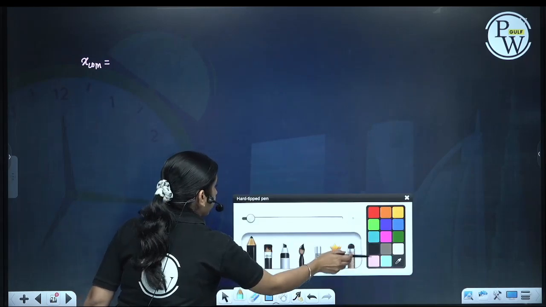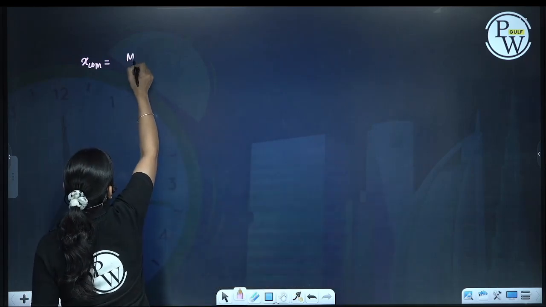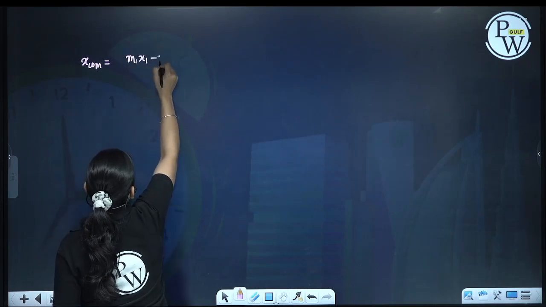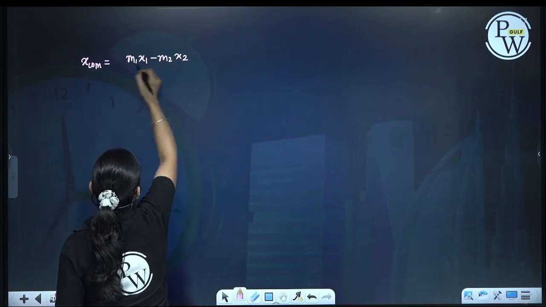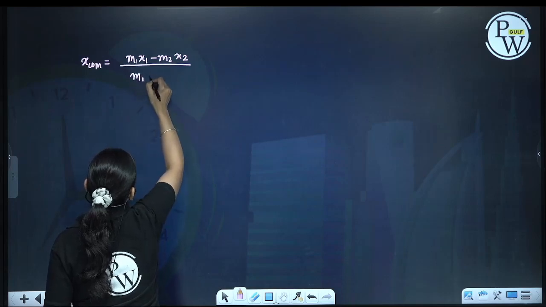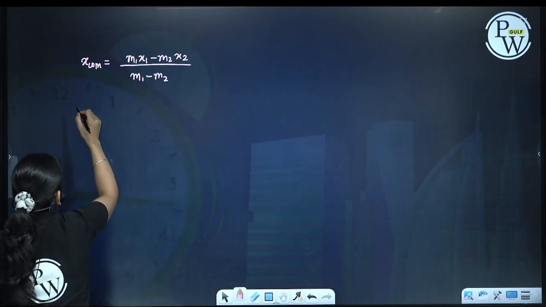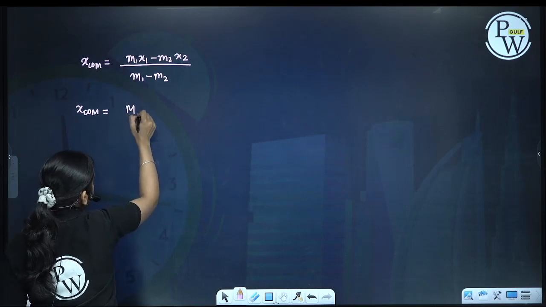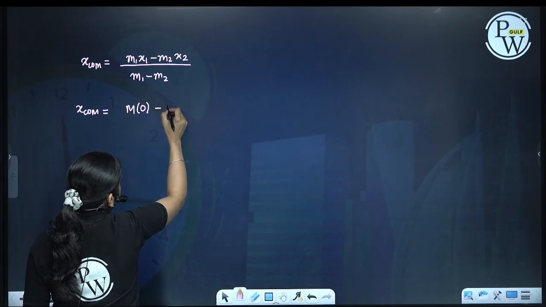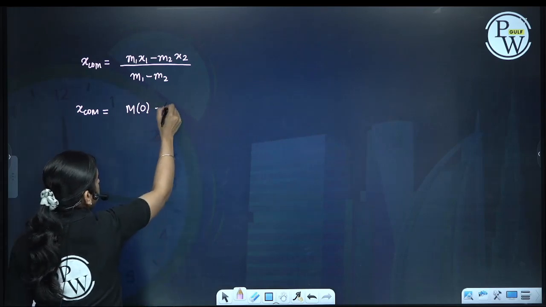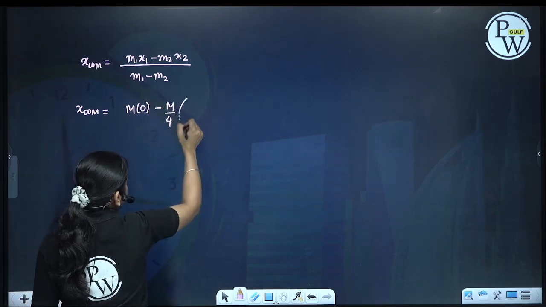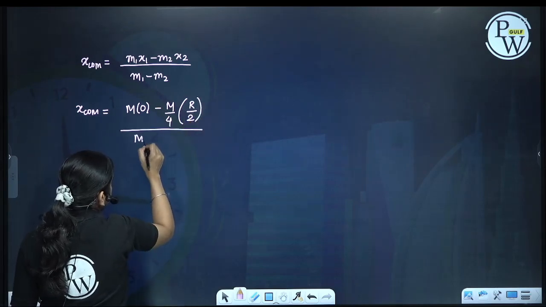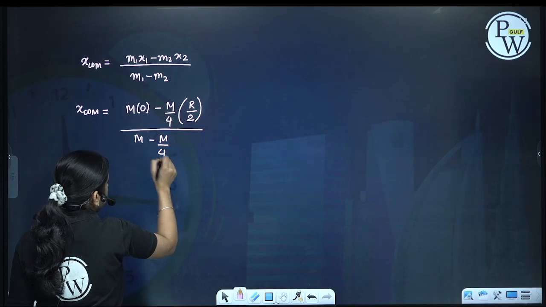Now calculate XCOM. It will be m1 x1 minus m2 x2 divided by m1 minus m2. So XCOM will be m into 0 minus m by 4 into r by 2, divided by m minus m by 4.